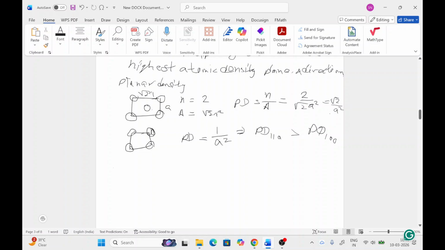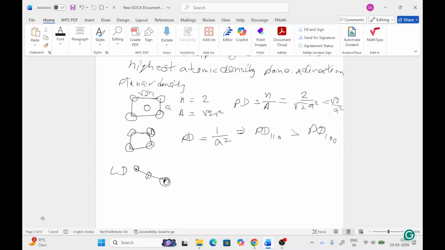And the linear density, if we want to calculate it along the body diagonal, we calculate from the center of the atom.